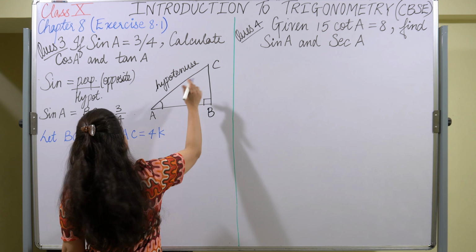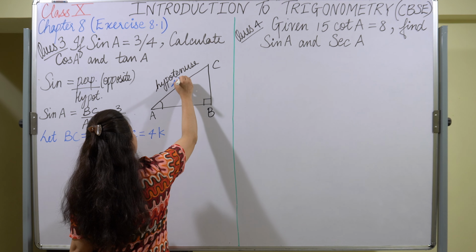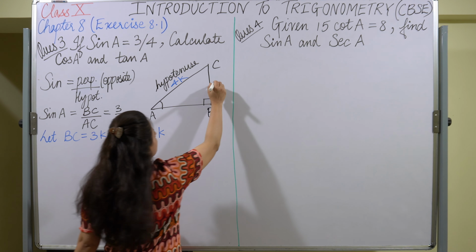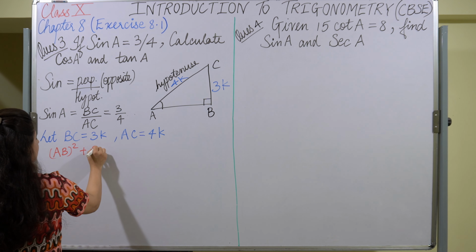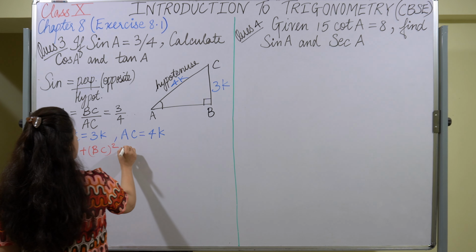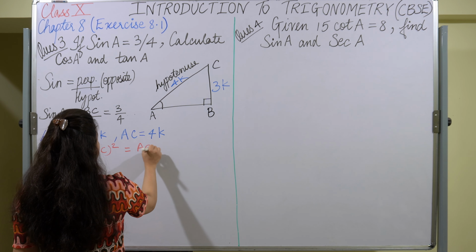Now we don't know the side AB value, so we will find it with the help of Pythagoras theorem. So AB square plus BC square will be equal to AC square.